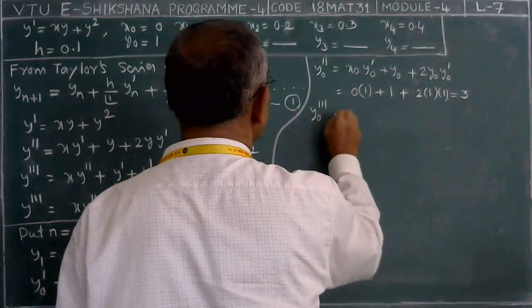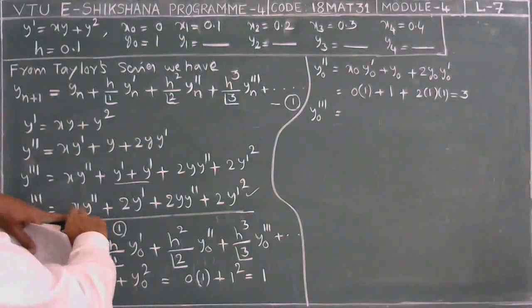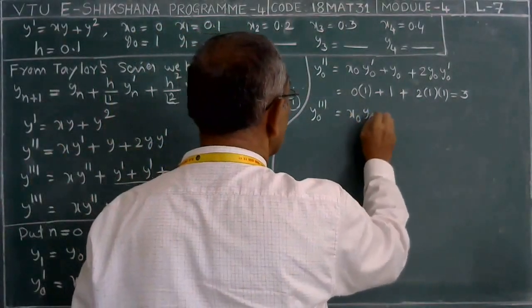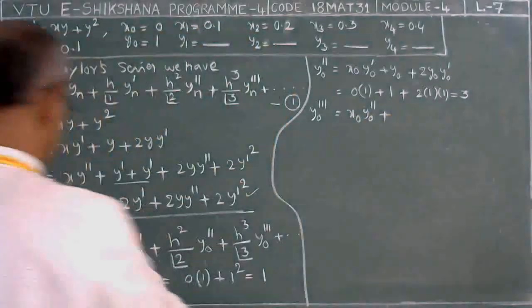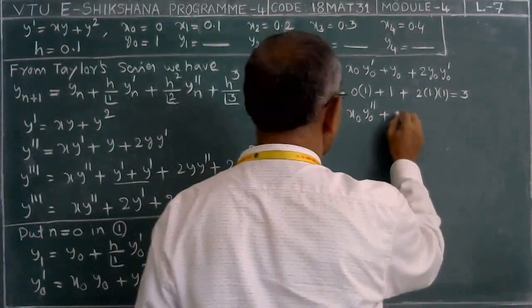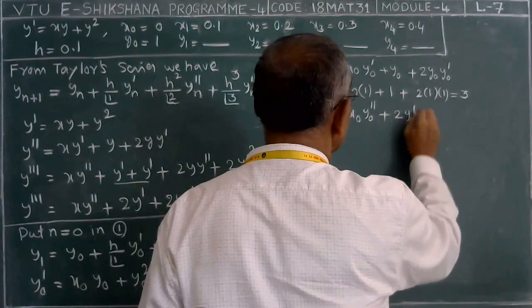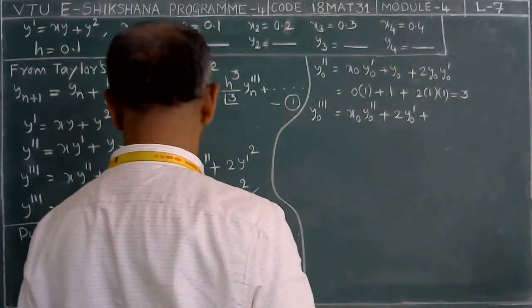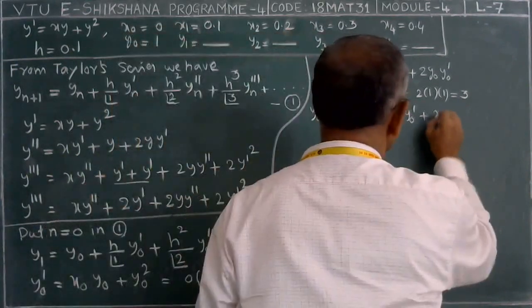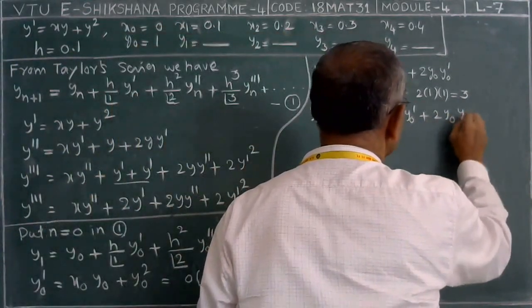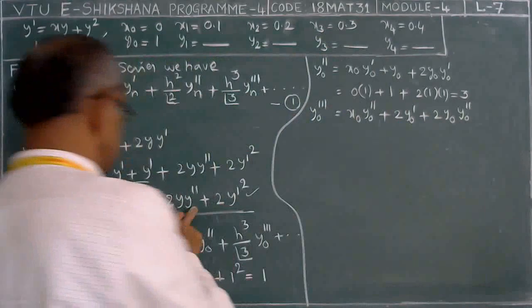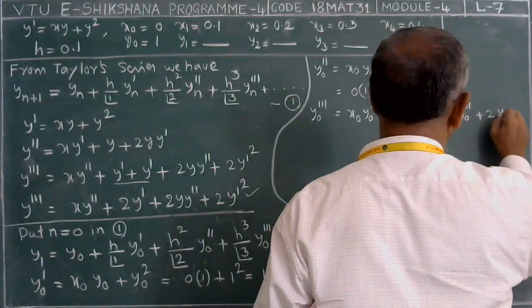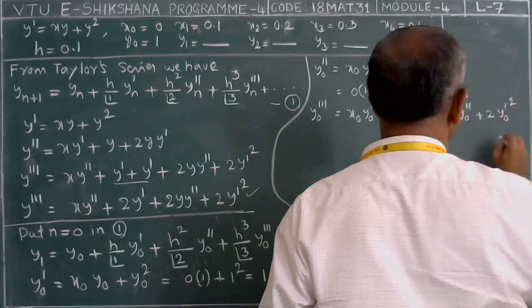Similarly, y naught triple dash is x naught y naught double dash plus 2 y naught dash plus 2 y naught dash plus 2 y naught double dash plus 2 y naught dash square.